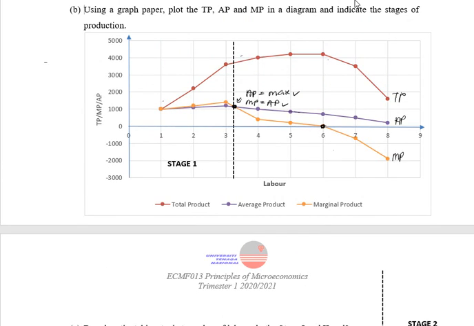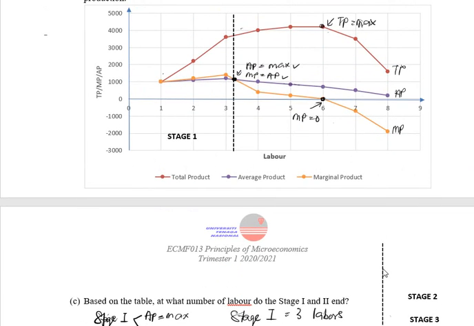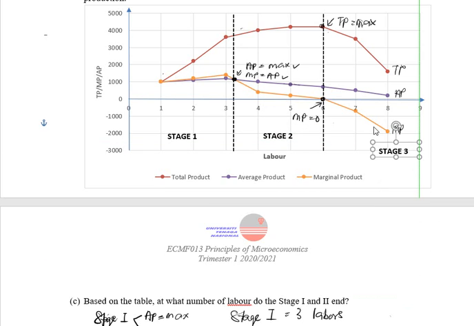This is where marginal product equals 0, and this is where your total product is at maximum. That is where your stage 2 ends and stage 3 begins. So you put a line there to divide between stage 2 and stage 3. Stage 2 is here and stage 3 is here. So you have to label lah: stage 1, stage 2 and stage 3.